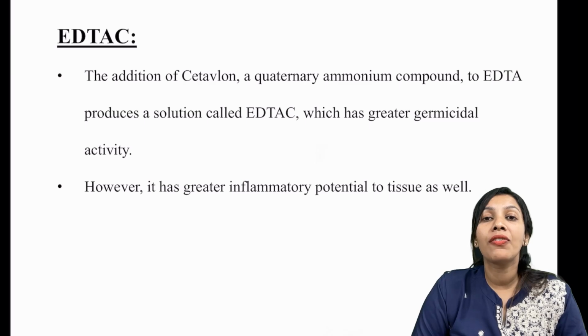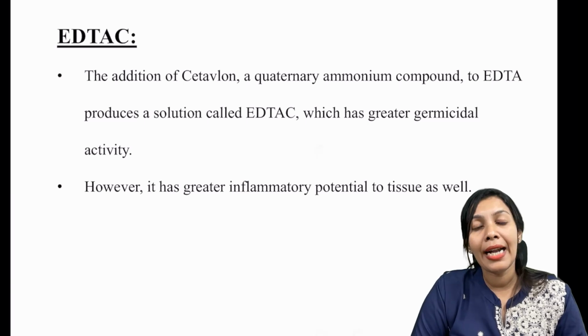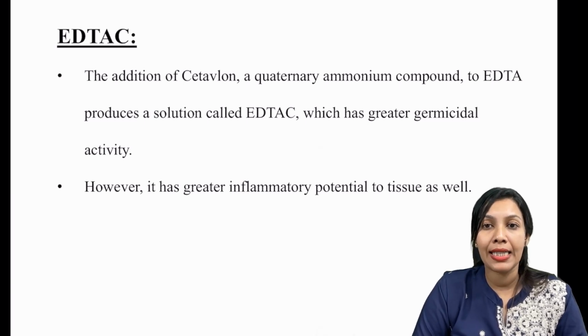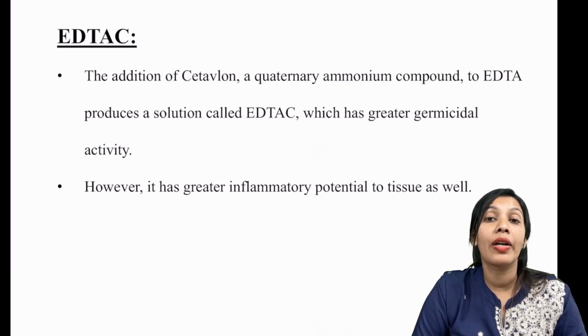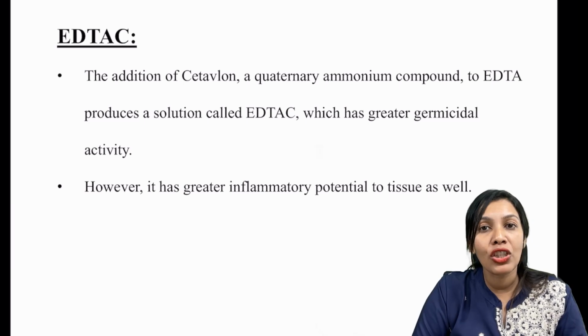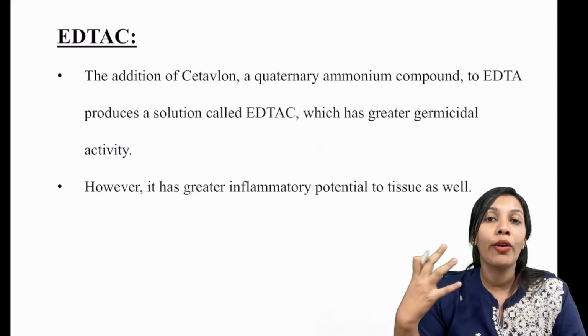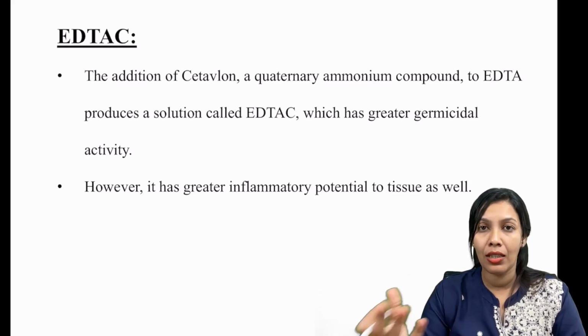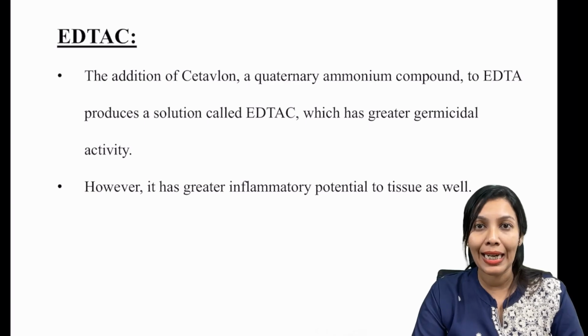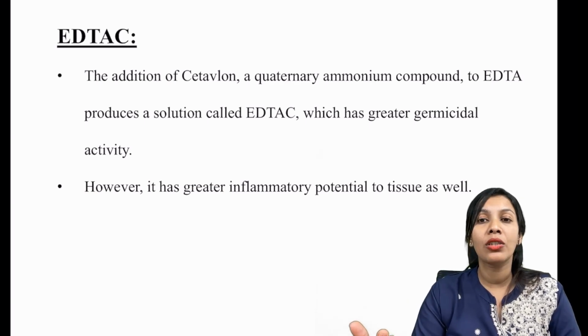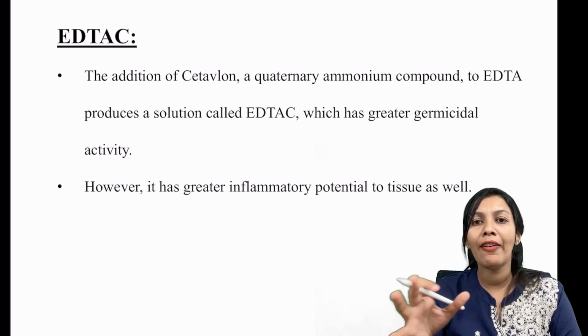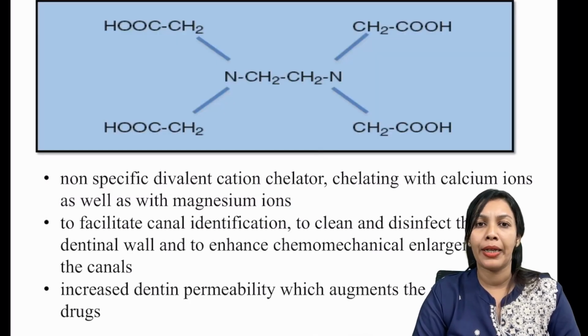The addition of cetavlon, which is a quaternary ammonium compound, led to the production of EDTAC because it had a greater germicidal activity and also greater anti-inflammatory potential to the tissue. So just remember, EDTAC is just a modification of the EDTA, the normal solution which we use as an irrigant, where cetavlon is used, it is an ammonium product. So it has antimicrobial and anti-inflammatory property.